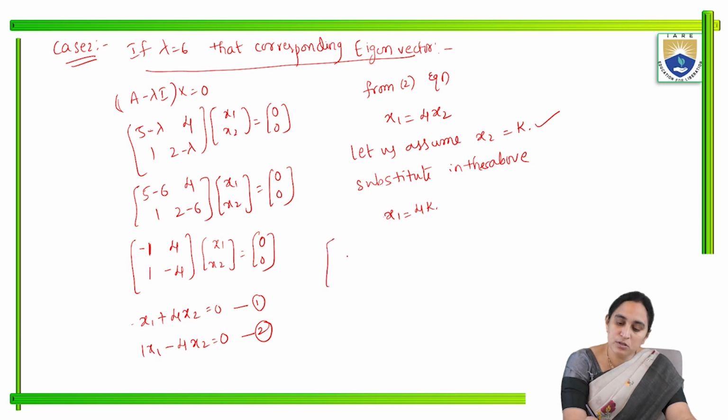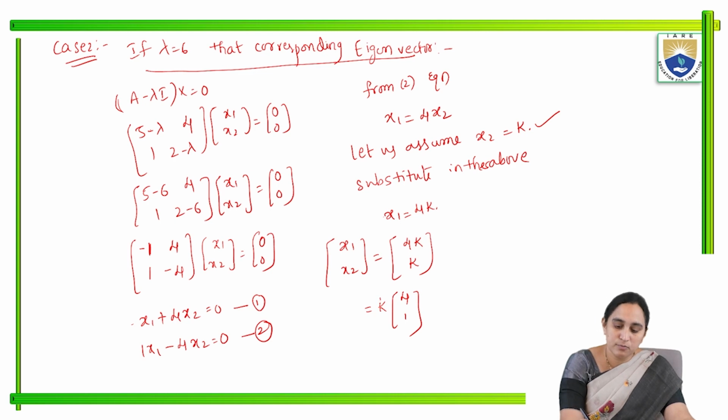Therefore, here, what about the matrix? x1, x2 matrix, that is, x1 is 4k and x2 is k. From that I am taking k common, that is 4, 1.